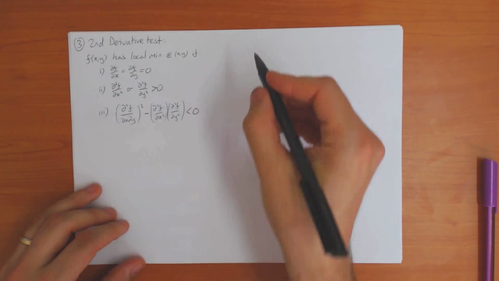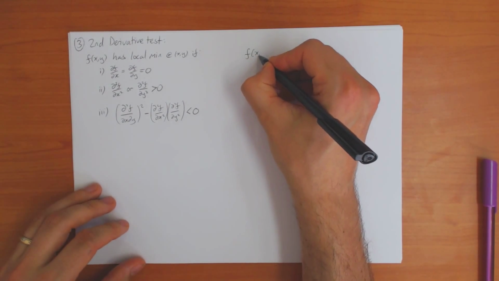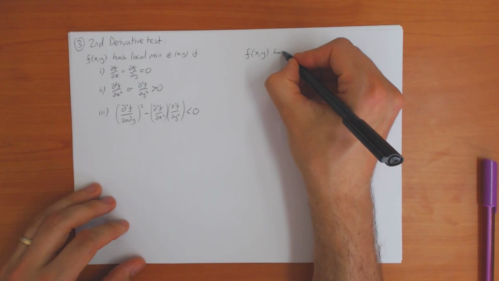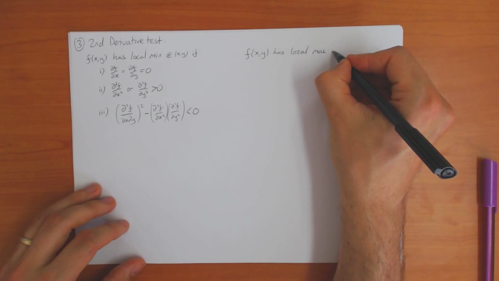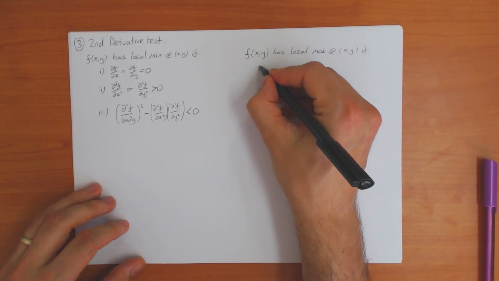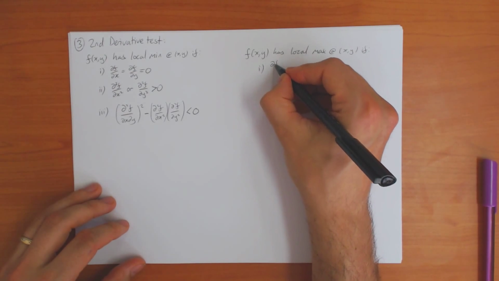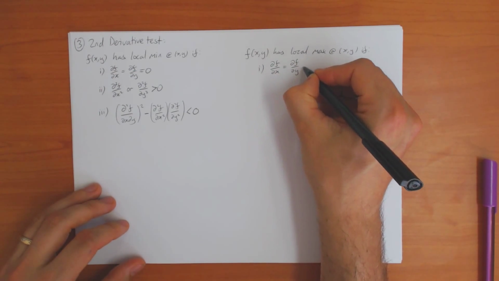So these are the conditions for a local min, and conditions for a local max are very similar. In fact, the first and third conditions are the same. So the first condition is, again, derivatives are 0.